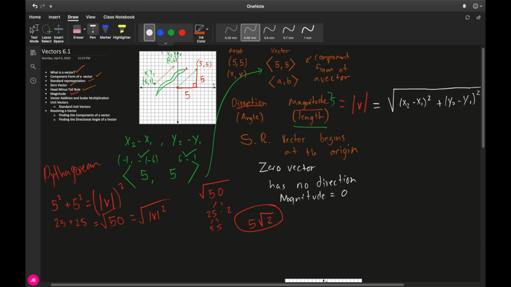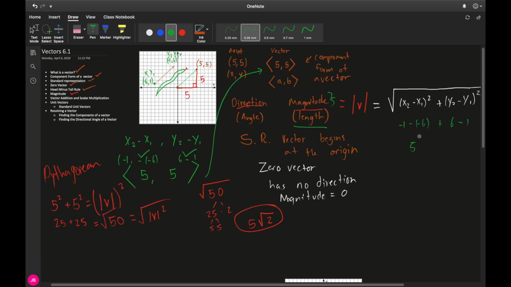So we already labeled my x2, y2, x1, and y1. So all we really need to do is plug it in. So x2 was negative 1 minus a negative 6. And notice how we already did this. We already found the component form of my vector. So I can actually breeze through this. And this is going to be 6 minus 1. We're going to add them together after we square them.